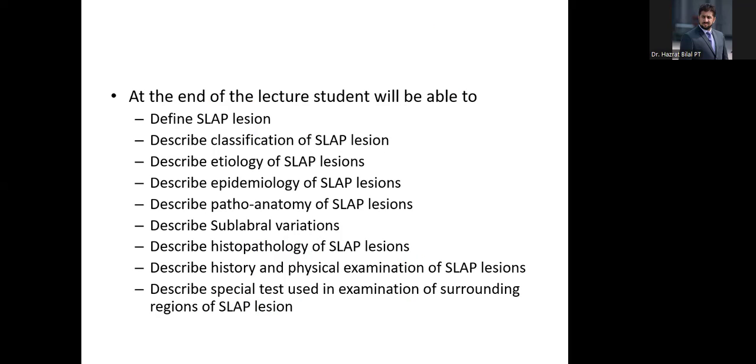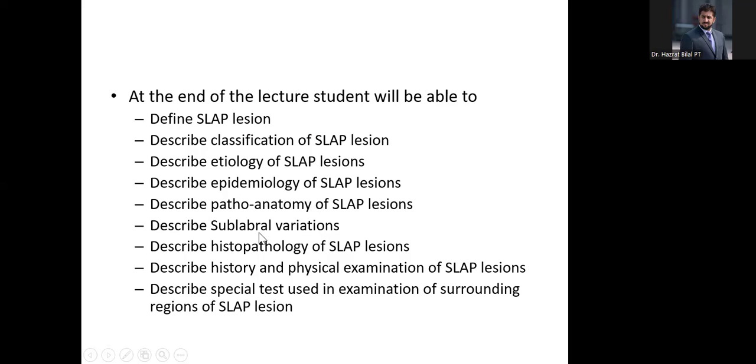These were the objectives which we previously discussed. We discussed what is SLAP lesion, then the classification of the SLAP lesion, the etiology, then the epidemiology as well as the pathoanatomy and pathophysiology of the SLAP lesion.